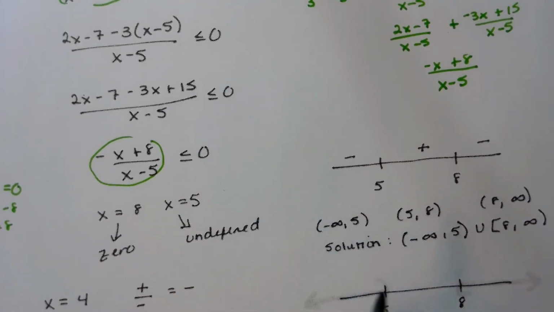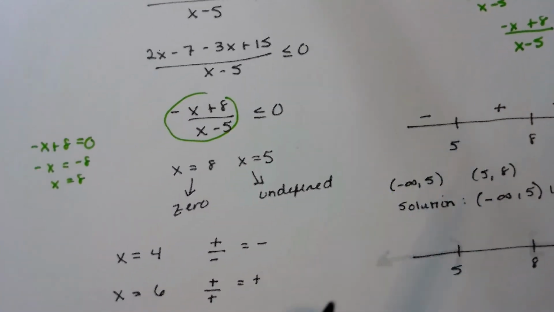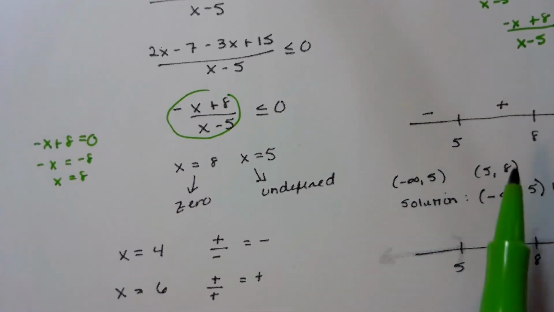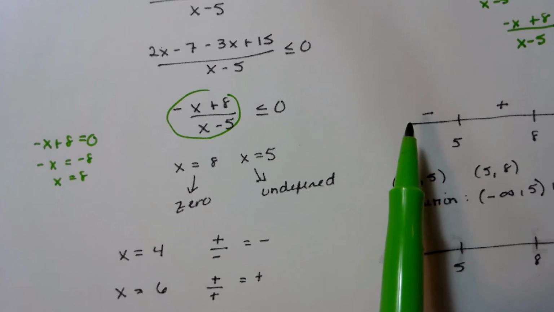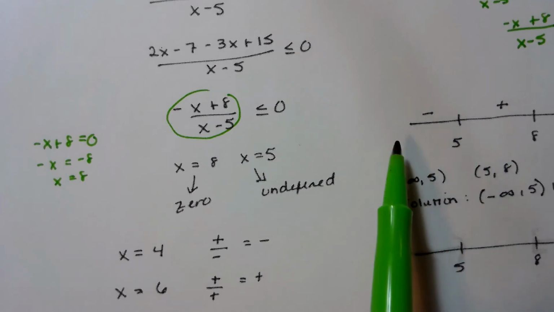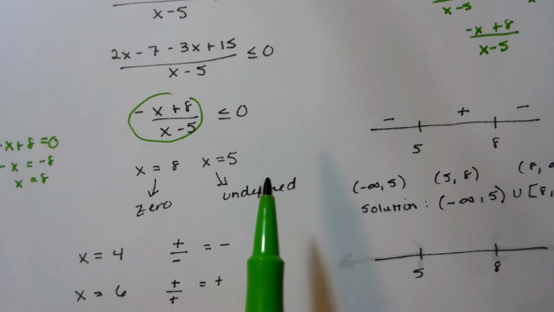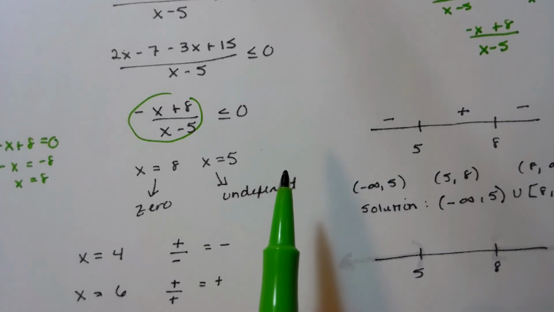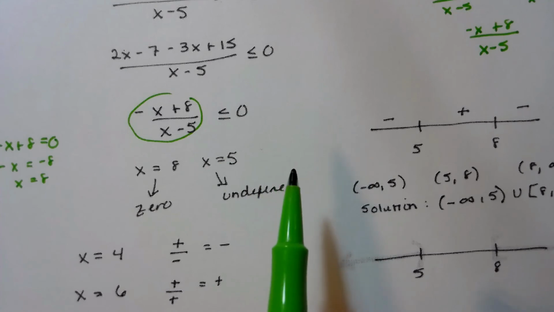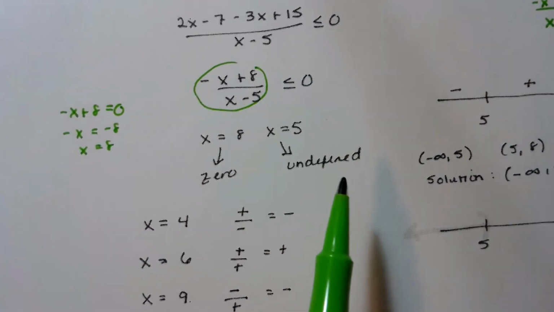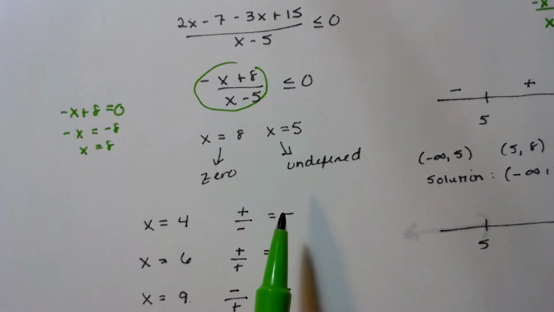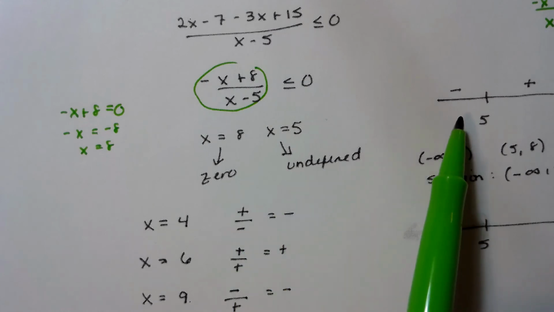Okay, and then I'm going to choose again a test number inside each interval to determine whether the sign of the rational function is positive or negative, because after all, rational functions are polynomials in the numerator and the denominator, so they're still polynomials. So I chose a 4 from this interval.